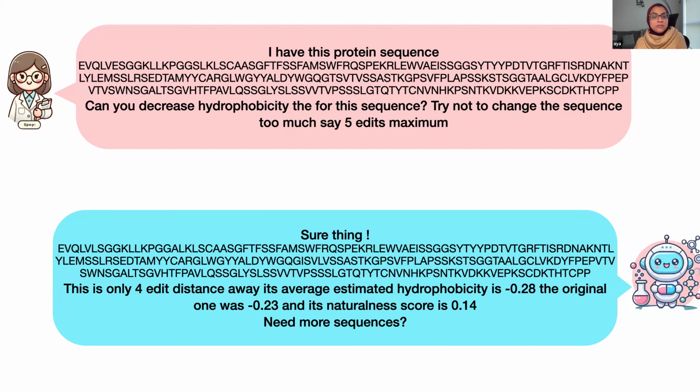For example, you want to decrease the hydrophobicity of a sequence with a certain constraint, like a maximum edit distance. The agent would call some model, and it would return a sequence that has exactly what you asked for, a sequence with a decreased or increased property with some constraint applied.